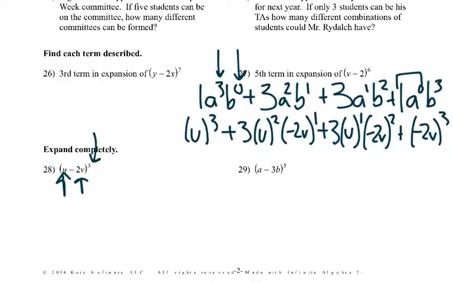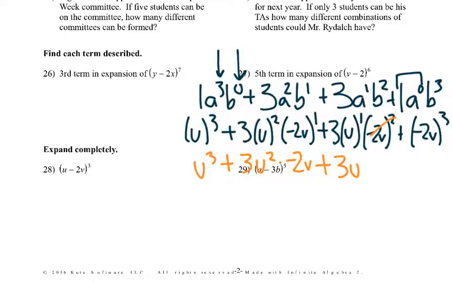Then we simplify. Okay. So u cubed plus 3u squared times negative 2v plus 3u to the 1st times negative 2 squared is 4v squared plus negative 2 to the 3rd is negative 8v cubed.